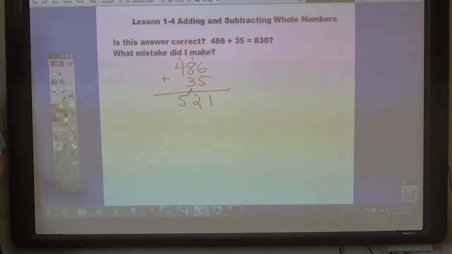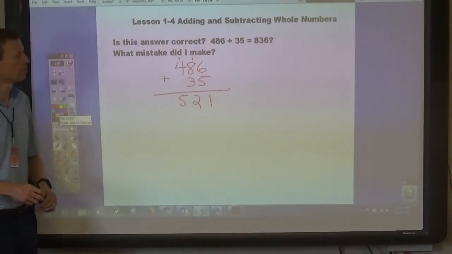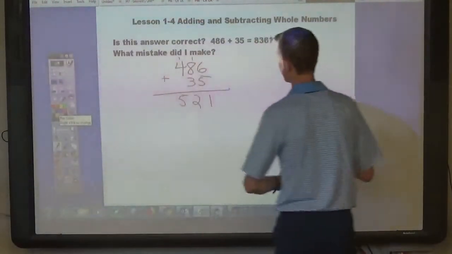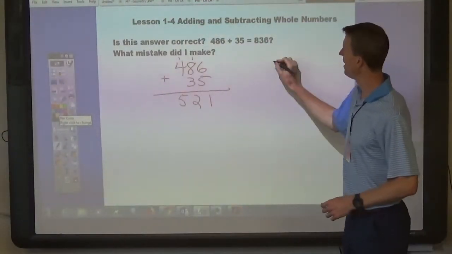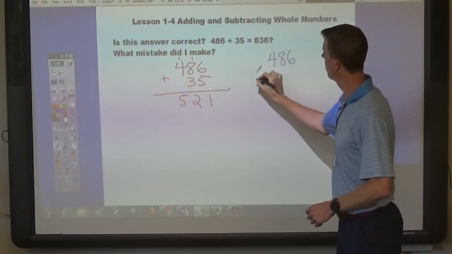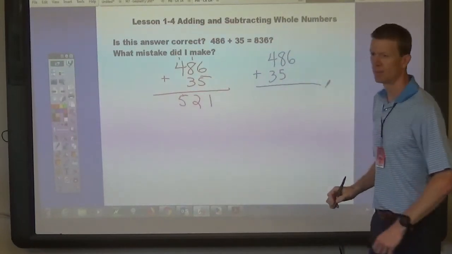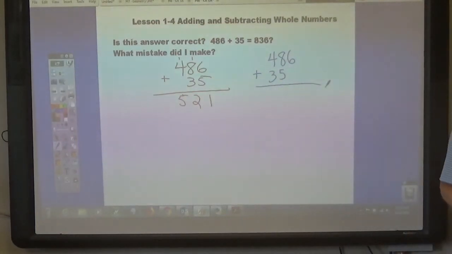Darren? The 35, he lines the 35 up with the 4 instead of the 8 and the 5 under the 8. That's right. Good job, Darren. Look at how I wrote this. What's wrong with that?